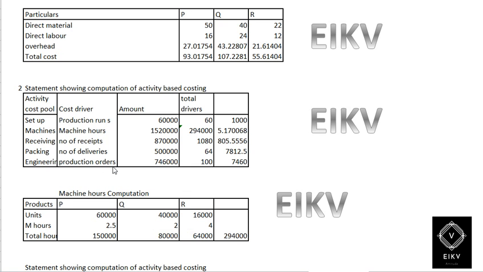The cost driver is production orders. The total production orders is 100. Therefore the cost per driver will be 7,46,000 divided by 100.